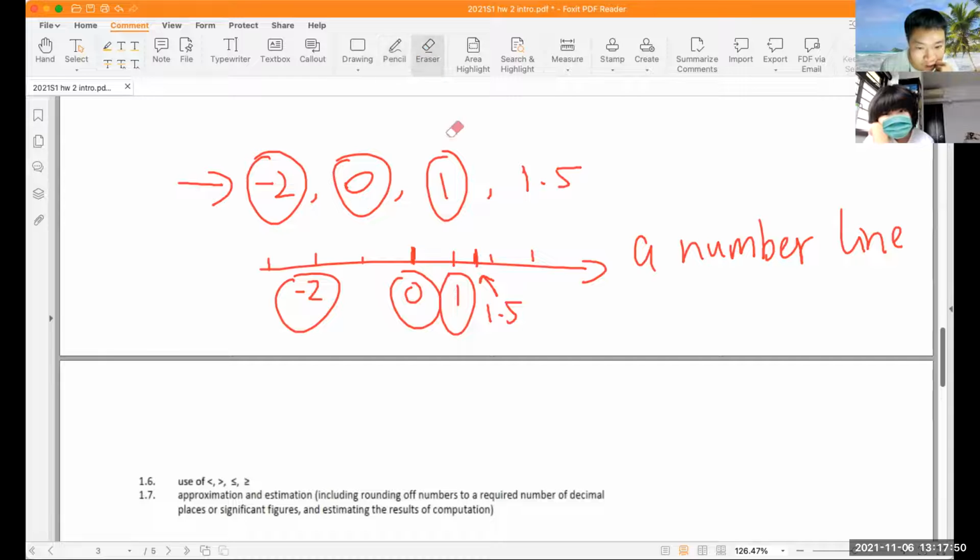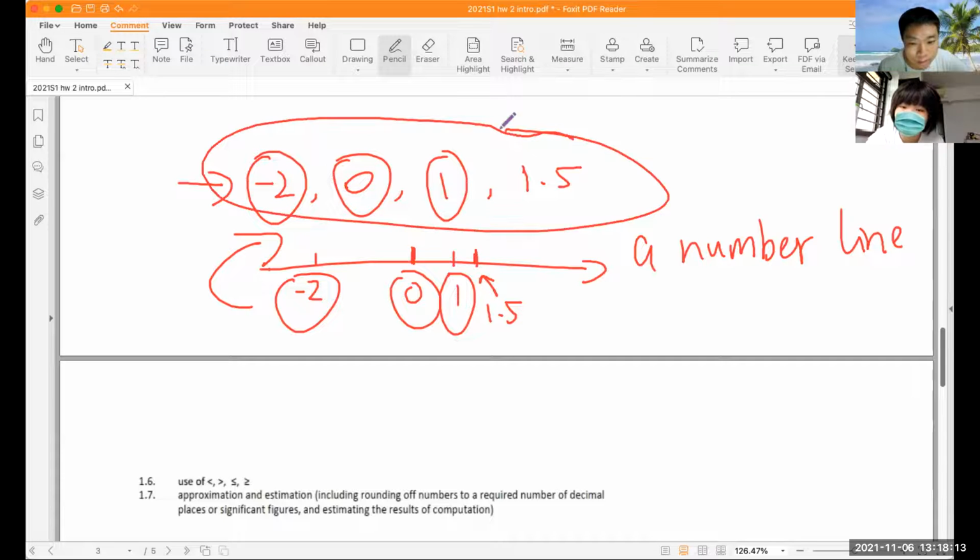In fact, you don't even need the dots because those numbers are not there. So this is called a number line, which represents these numbers. You don't need to give extra numbers, you just have to represent these numbers.